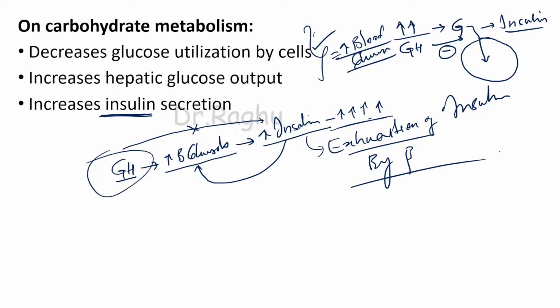Ultimately insulin secretion is going to stop, and if the person is having a prolonged increase in growth hormone production in his body, he is going to land up in frank diabetes mellitus, okay, because of two reasons. One is decreased glucose utilization by the cell, second one is increased insulin secretion, okay. So, the underlying point with respect to carbohydrate metabolism is that the growth hormone is going to increase the blood glucose levels, and it can also precipitate diabetes mellitus.